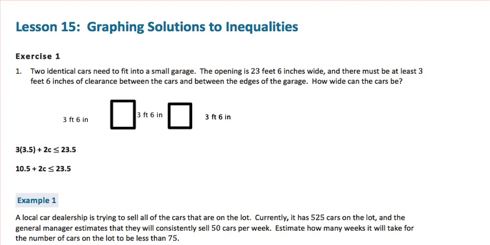And of course then we'll subtract 10 1/2 from both sides, which will give us 13. And then dividing by 2, we would find that each car has to be 6 1/2 feet or less in width.